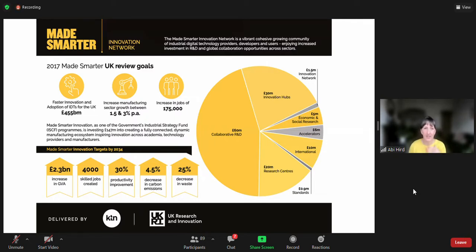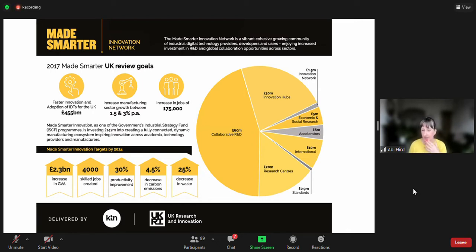It's led by the Industrial Strategy Challenge Fund team at Innovate UK, though the name's in transition, so it's Made Smarter Innovation now, as it's currently known. Over the next 3 years, the programme will be investing 300 million in supporting manufacturers, digital technology developers, founders, and academics to innovate solutions to increase the productivity of manufacturing in the UK, with a view to helping us export these solutions to the global manufacturing community.